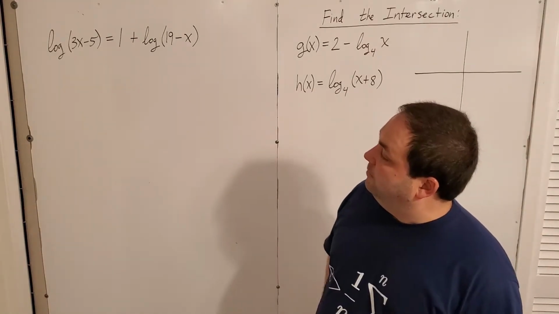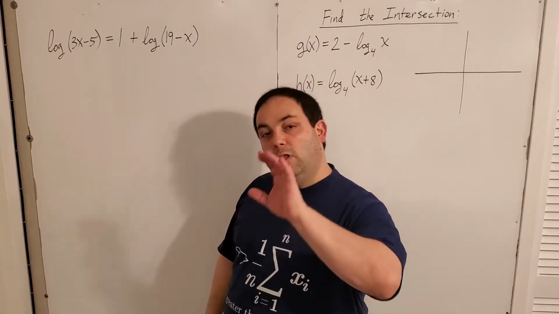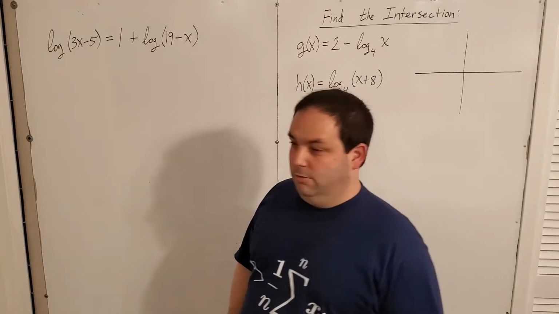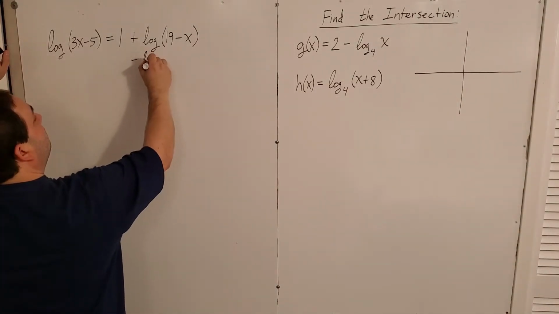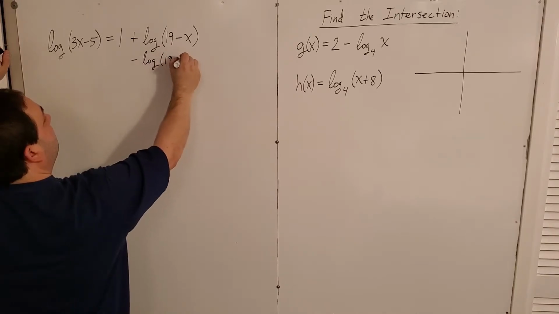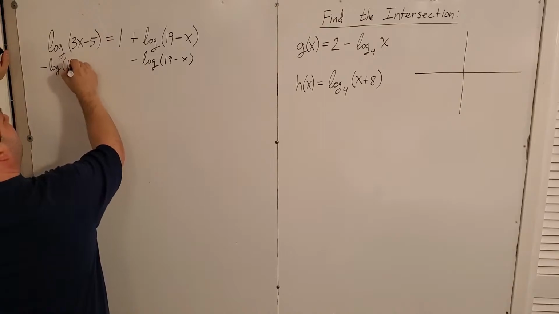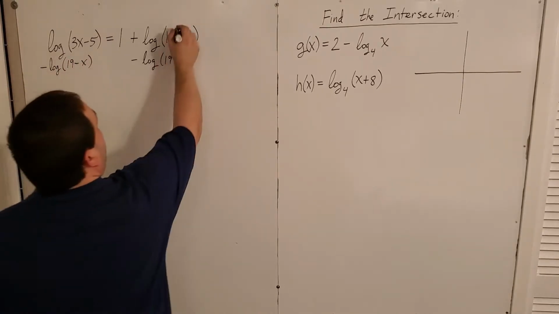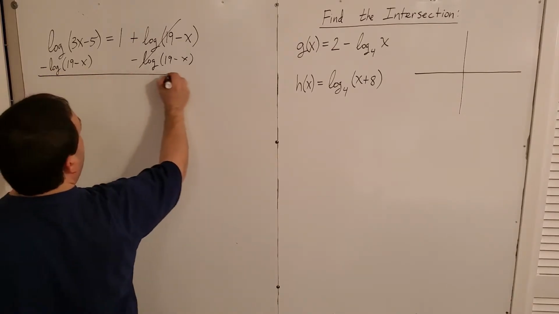Okay, so here, I have a logarithm on the left, I have a logarithm on the right, and what I really want to do is get those logarithms together. So I'm going to subtract, so that this goes away, right? Okay.